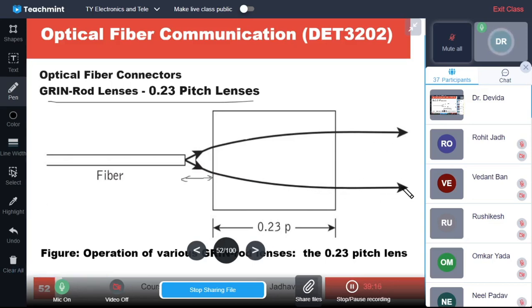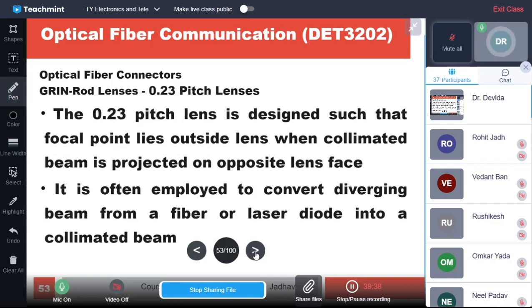So a collimated beam can be obtained. Okay, so this is the 0.23 pitch lens making the collimated beam. Special is that the focal point is outside the lens, and that's why the assembly of this lens and fiber is easier as compared to 0.25 pitch.